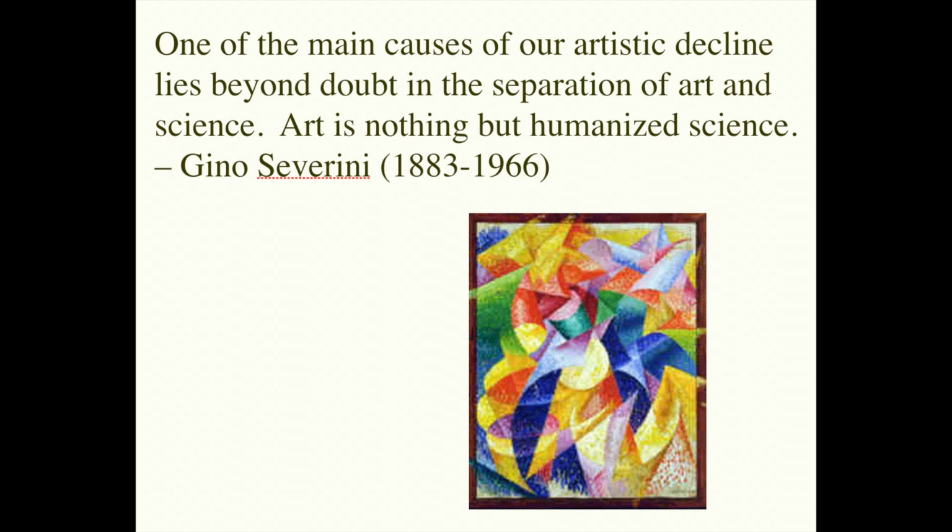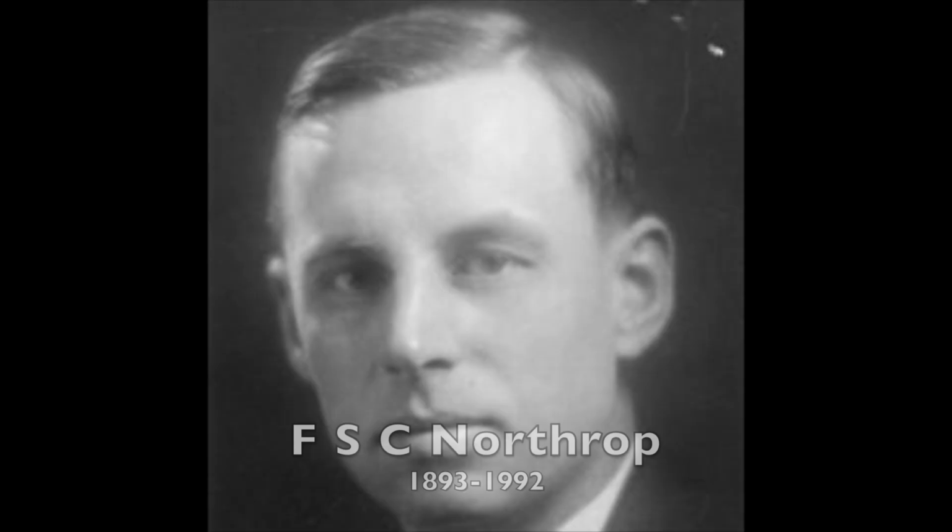Now, this is a beautiful quote and a fascinating idea, because so often we think of art and science as so separate. But here is an artist saying, they're both after the same thing, but they're after it in different ways. And our first philosopher, the philosopher in this lecture that we're going to grapple with entirely, FSC Northrop.